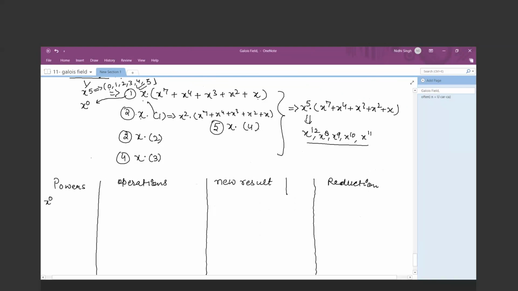So x to the power 0 is the first term. ये इसके पहले का भी टर्म होगा, सपोज एक -1 का टर्म है, ठीक है। x to the power 1 मेरा 1 से है, x to the power 2 मेरा सेकेंड फेज से है, x to the power 3 मेरा थर्ड फेज से है, ये x to the power 4 है, and it will be x to the power 5. So x to the power 0 is multiplied with the polynomial P2, x to the power 1 multiplied with polynomial P2, x to the power 2, इसी तरह के सारे होंगे.